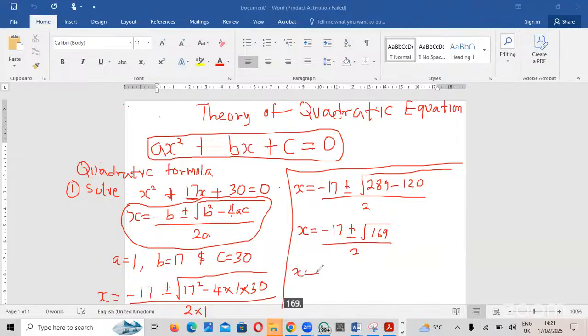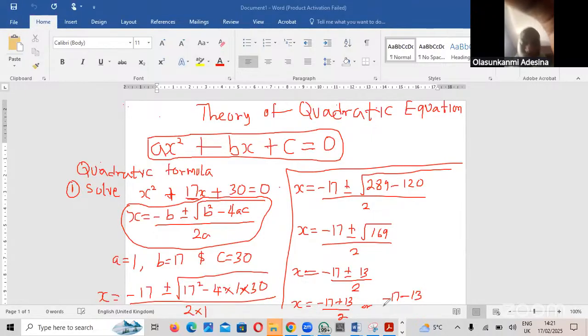13. So we have minus 17 plus or minus 13, over 2.